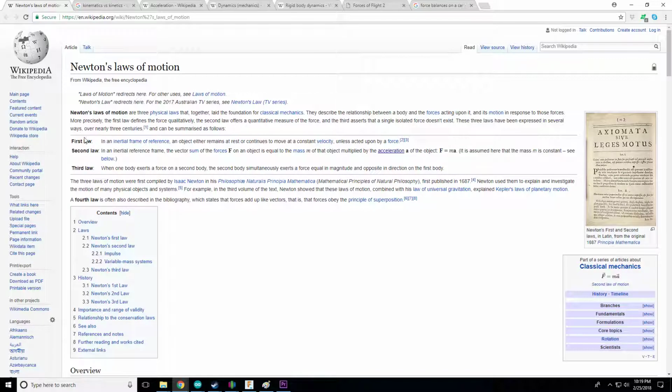So he developed three laws. First law, inertial frame of reference: an object either remains at rest or continues to move at a constant velocity unless acted upon by a force. Basically what that means is if you have a car going forward, the car will continue going forward at that same exact speed until something else acts upon it to change speed or direction, up or down.